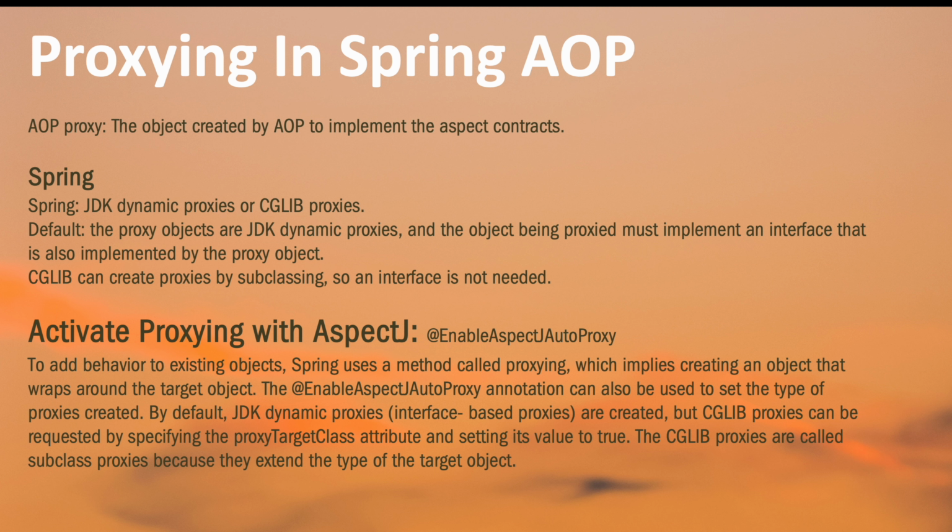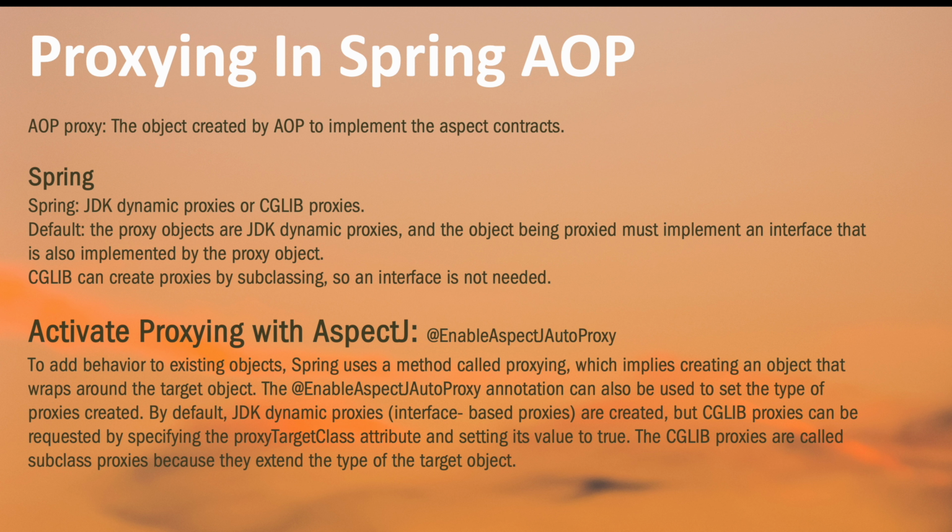So this is what we said about proxying in Spring. Spring can use either JDK dynamic proxy or CGLIB proxy, but the default proxy mode that Spring uses is the JDK dynamic proxy.